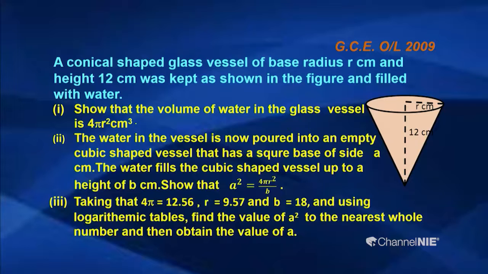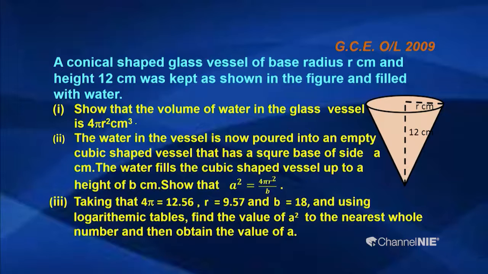The base of that one is a centimeter, simply a, the symbol, a centimeter. The water fills the vessel up to a height of b centimeter. After pouring that water volume into that cuboid, the height goes up to b centimeter. It is not filled completely, the water level goes up to height b centimeter.